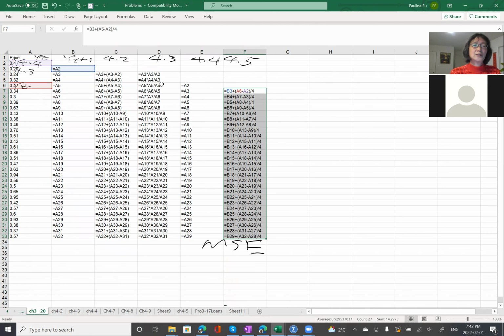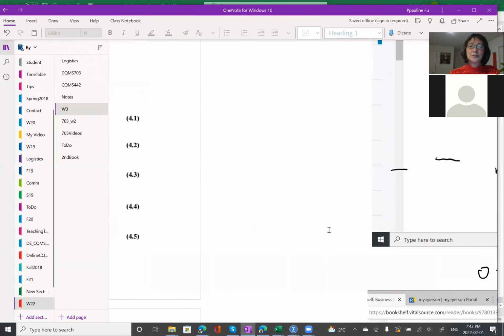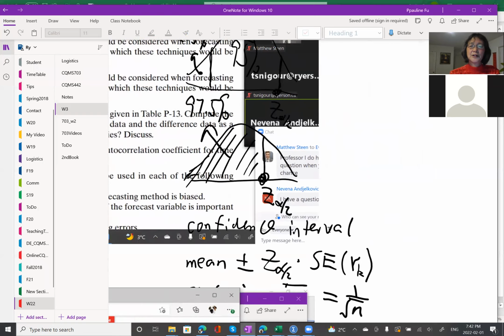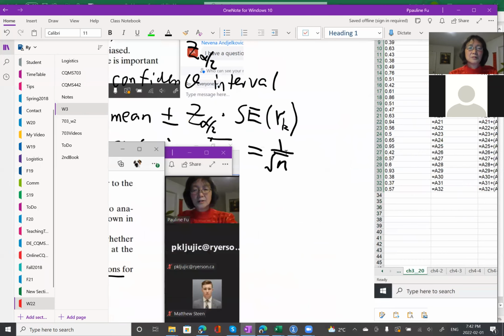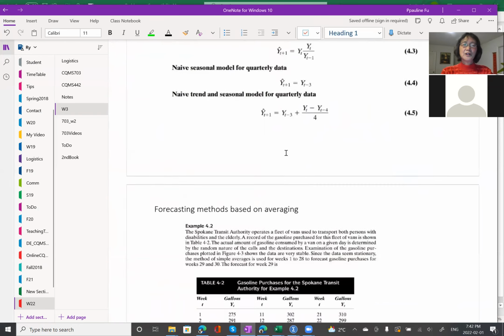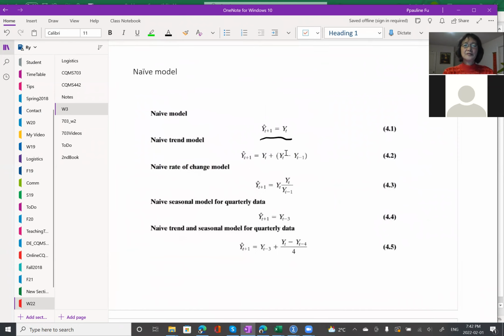So those are the formulas. I just want to copy this one to explain this and put it on the side, maybe here. Okay. So any questions for the naive models?